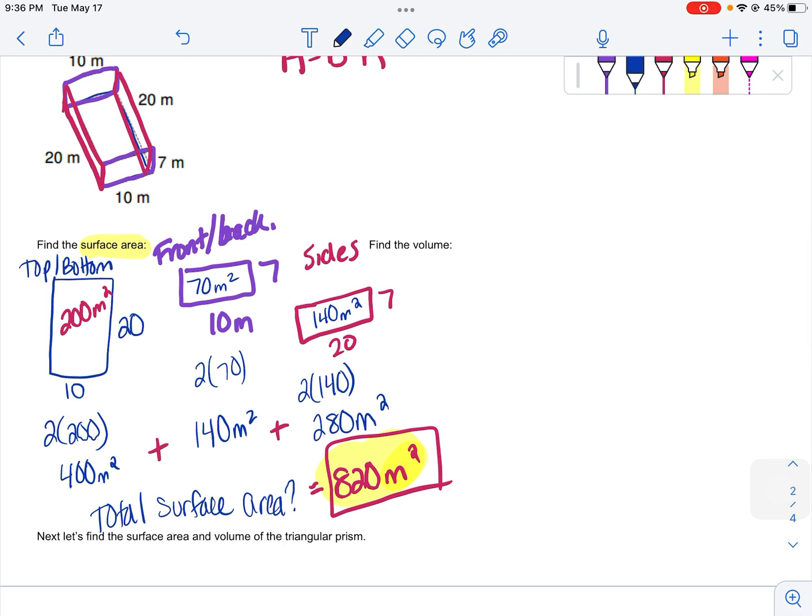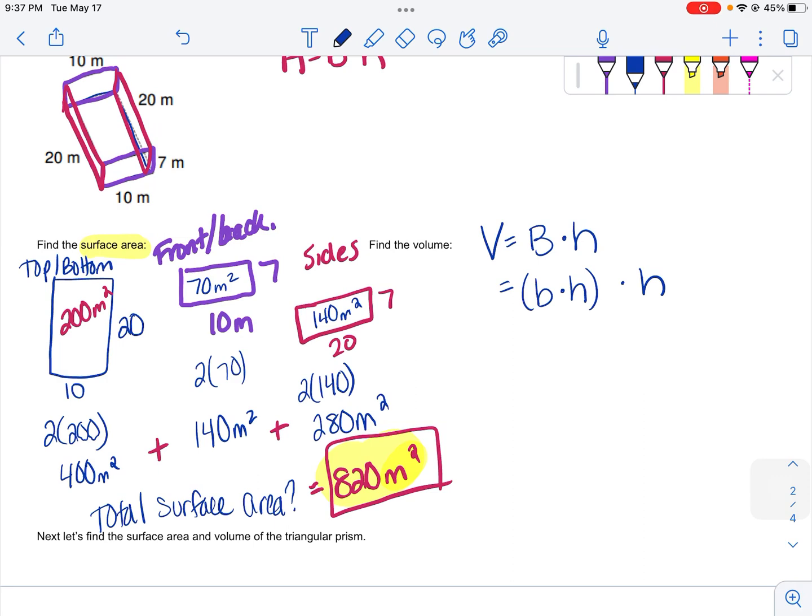All right, now we're going to find the volume of this shape. To find the volume, the formula was the area of the base times the height. So the area of the base for this was a rectangle, so we had base times height, and then we have the height of the prism itself.